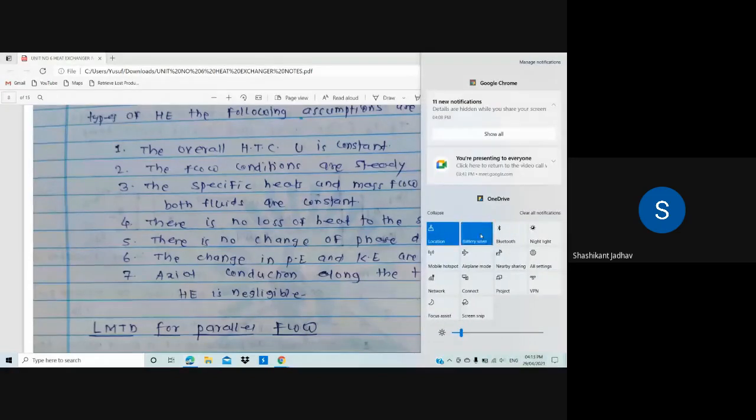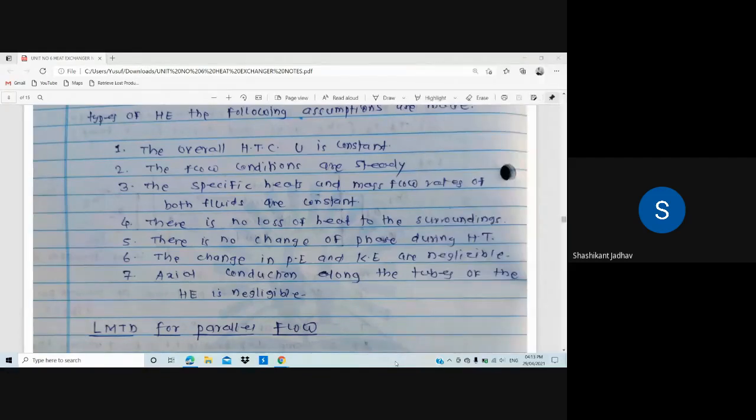So all of you write down the seventh assumption: axial conduction along the tubes of the heat exchanger is negligible.